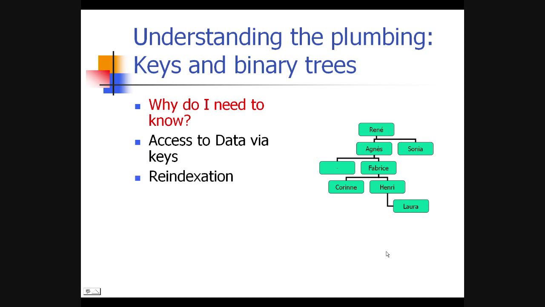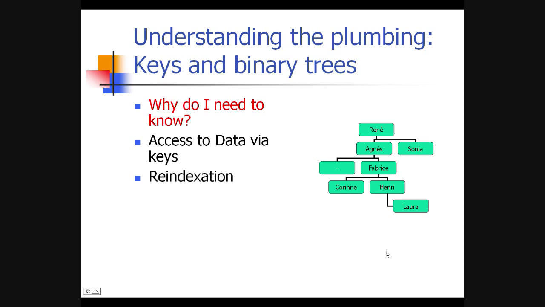The second reason why you have to understand how this works is because this is the explanation of what the reindexation does. You remember on the previous slide we had the exact same data presented in 2 different ways, one with 3 levels, one with 5 levels.